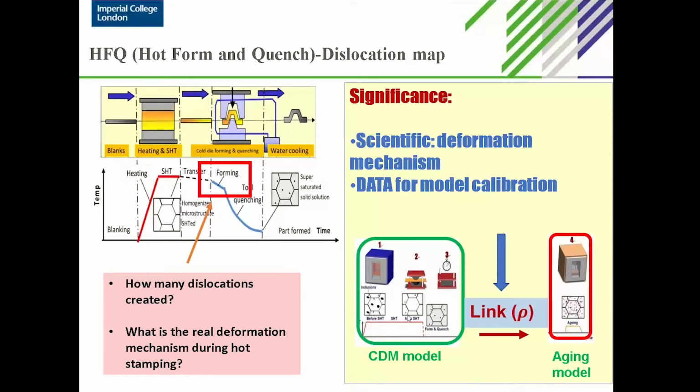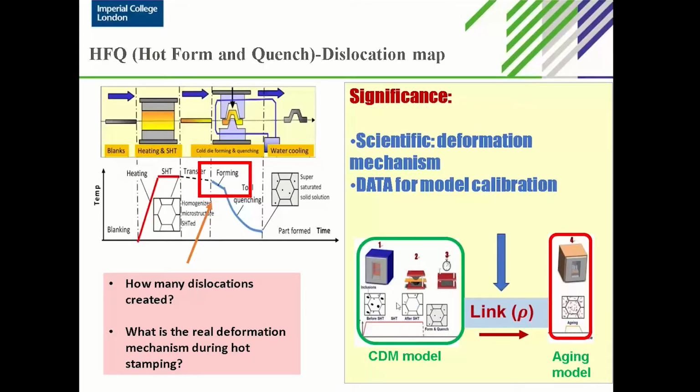However, during forming, because we have high temperature residual dislocations, these dislocations will affect the age-hardening behavior of the material. If we do not have this set of data, we could not link the two existing models together to create an integrated model for both the deformation and also the property control of the components.